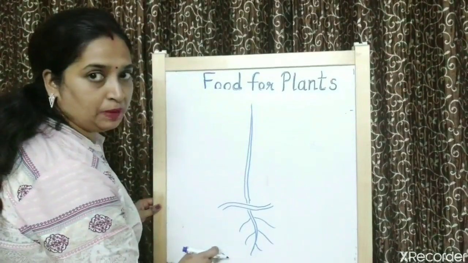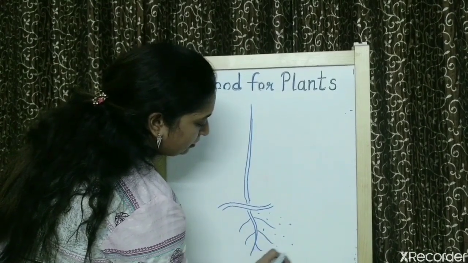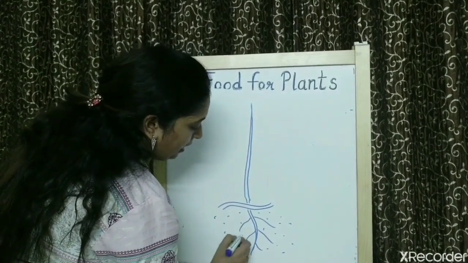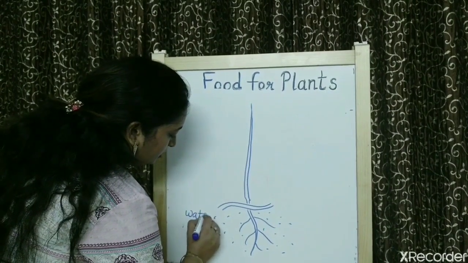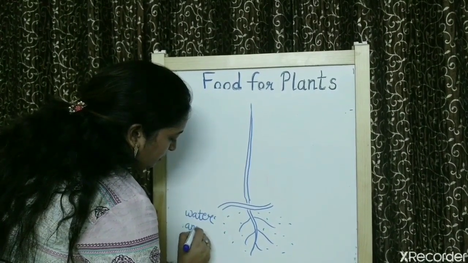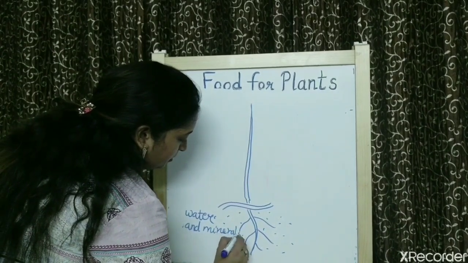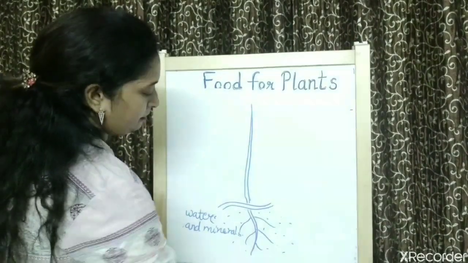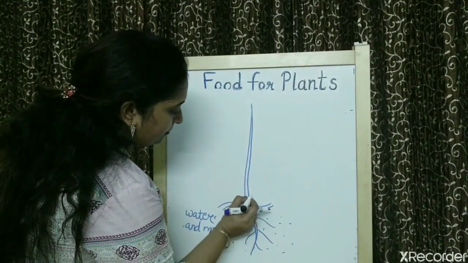This is root part. In the root part, soil will be there. And in soil what will be there? Water and minerals. So by root part, plants absorb water and minerals, and this will go upside.